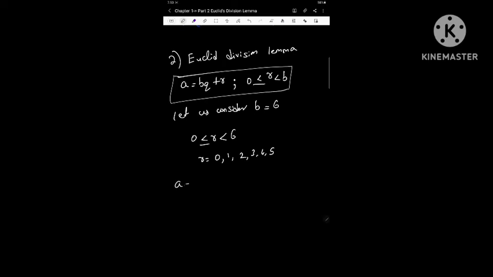So a will be a equals 6q plus 0, for r equals 0 and b equals 6.